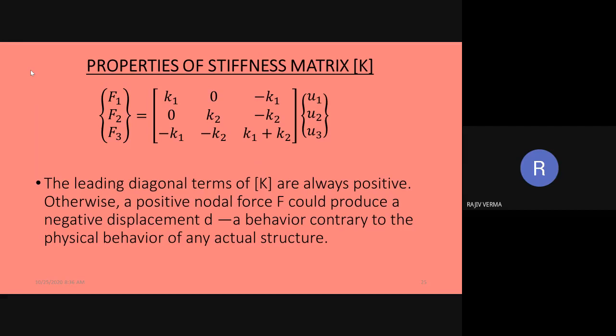Now, it has already been discussed that a singular matrix represents rigid body motion of a body. By rigid body motion, I mean the motion of a cycle or a motion of a ball which has been thrown. It has some linear motion, it has some angular motion, and the entire body moves as a whole without undergoing any deformation.